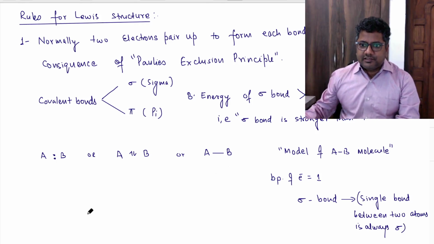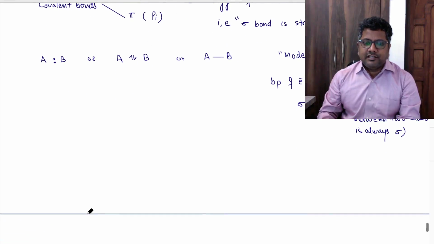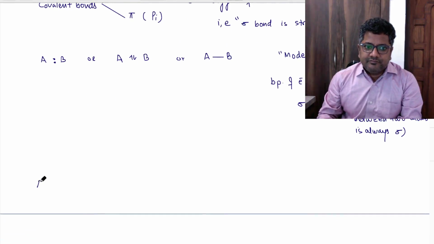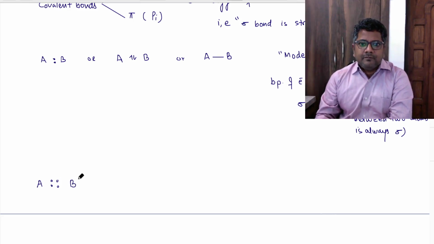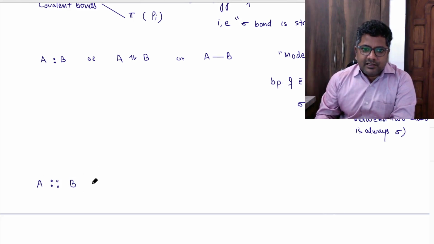So this is the representation of this. Suppose that I am taking this molecule this time, this representation between A and B. Now tell me how this can be represented.